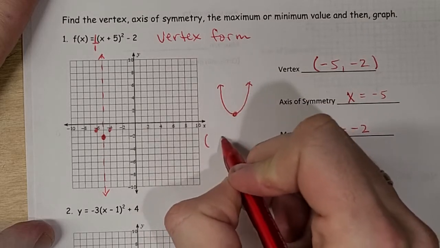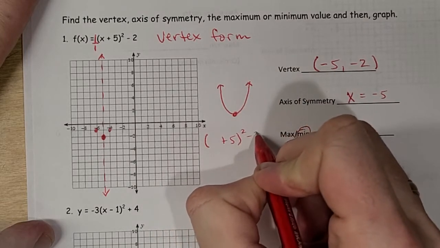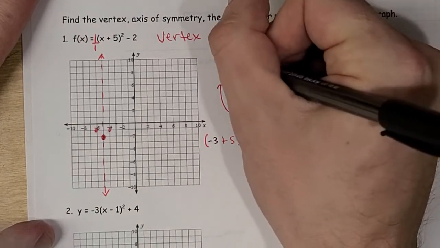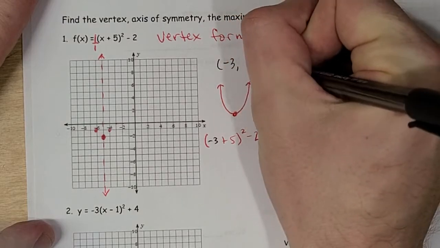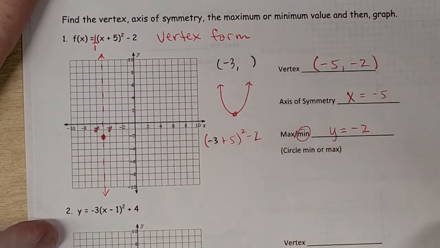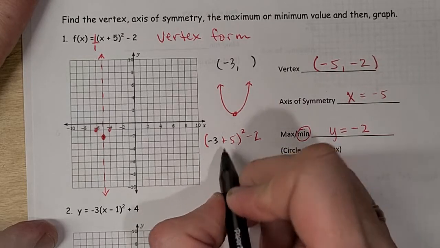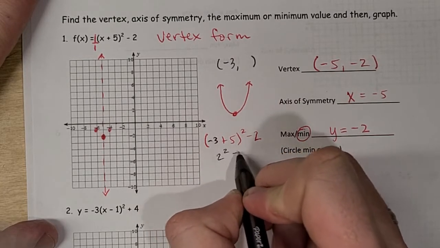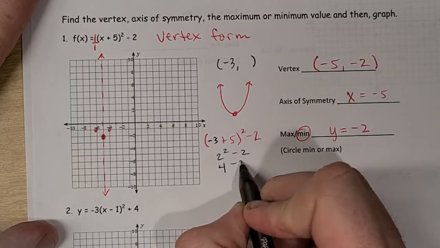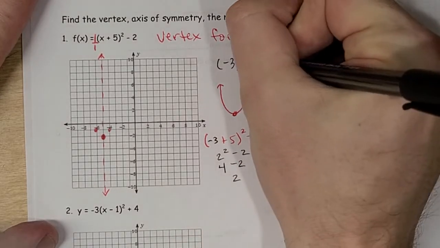So (x + 5)² - 2, I'm going to plug in -3 because that's my x value, and this will tell me -3 comma something, because don't forget, anytime you have an x value, you want a y value, you plug it in. Well, -3 plus 5 is 2. 2 squared is 4. 4 minus 2 is 2.